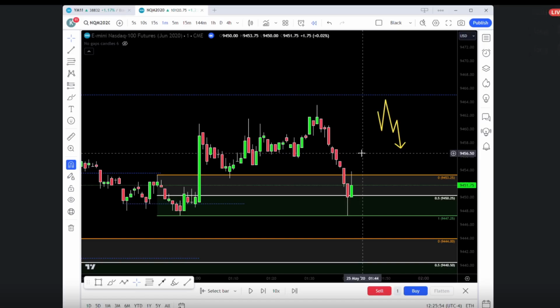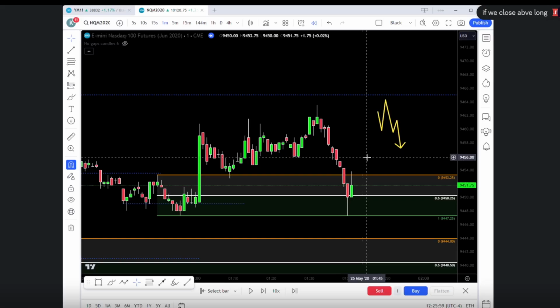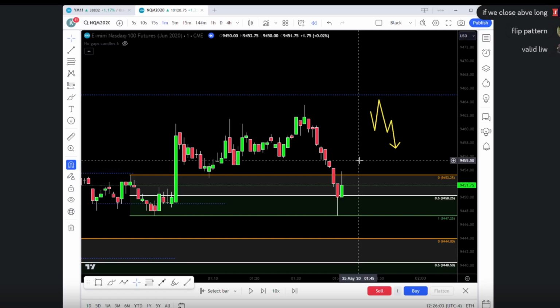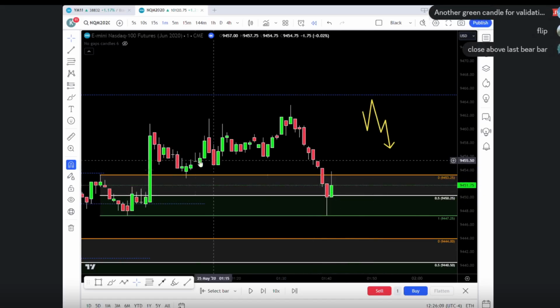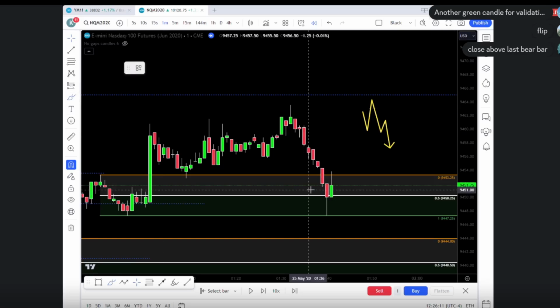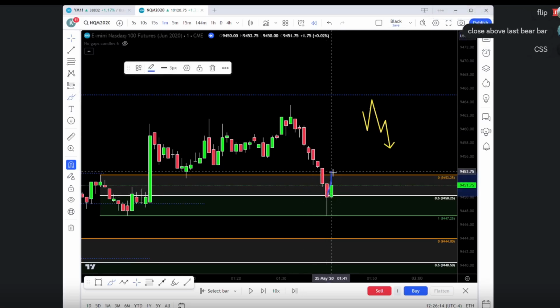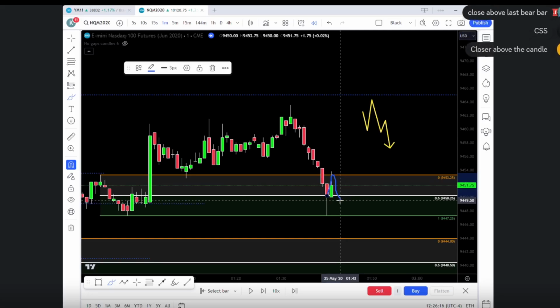If you're not long, what would you want to see to get long? You want to see some sort of a flip pattern, right? So what's that going to look like? Some sort of inducement that comes on in here.